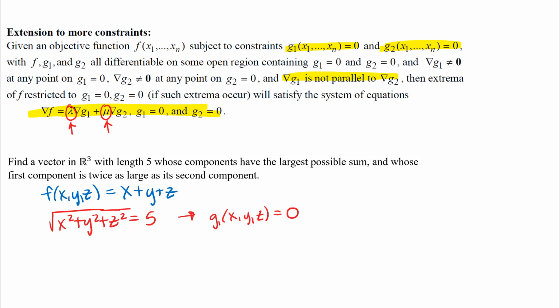And then the other constraint would be about the first component being twice as large as the second component. So we would say that the x, which would be the first component of the vector, would be twice as large as the second component. So that x equals 2y, you could rewrite that as an equation involving x, y, and z. For this one, there isn't a z in there, equal to 0, and that would be your second constraint.